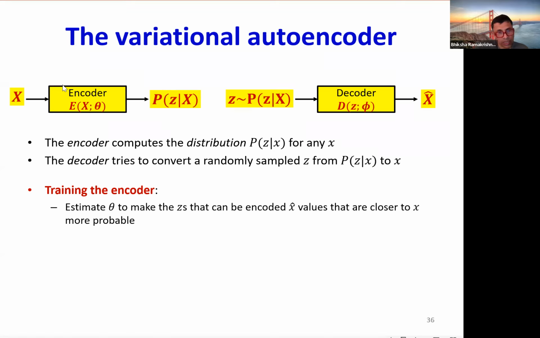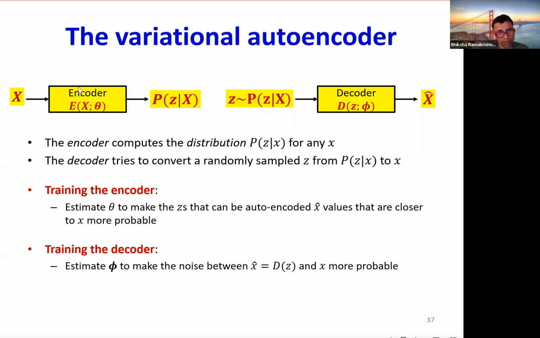So the first step is to train the encoder. Once the encoder is learned, we're going to get the p of z given x, from which we can get some z's, and from that we're going to try to learn the decoder. But it's all kind of integrated.